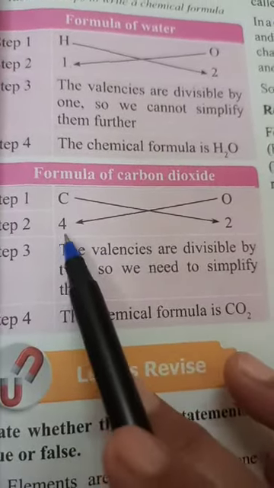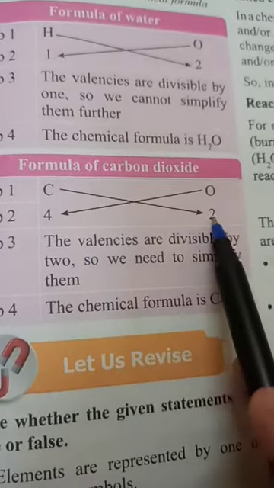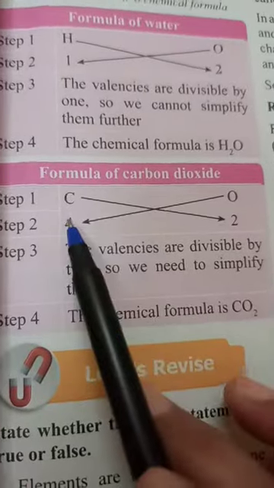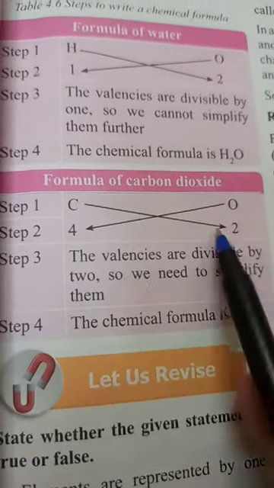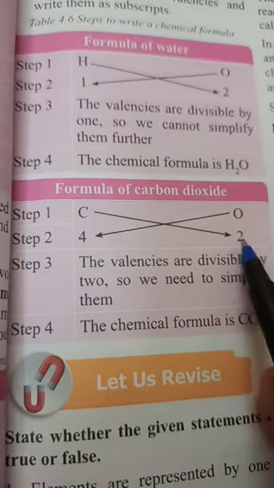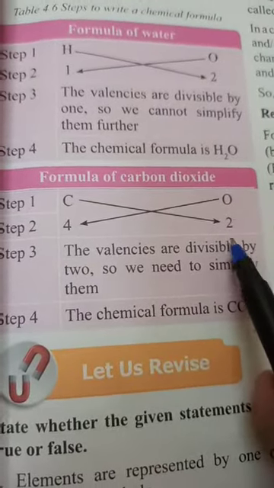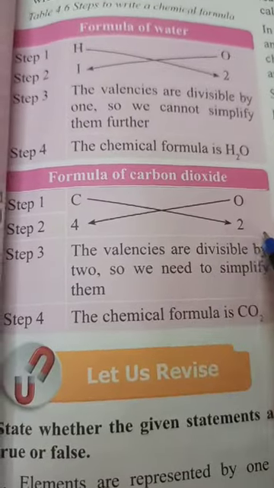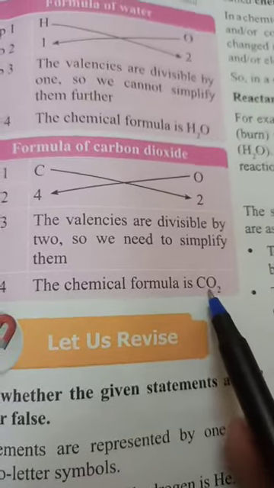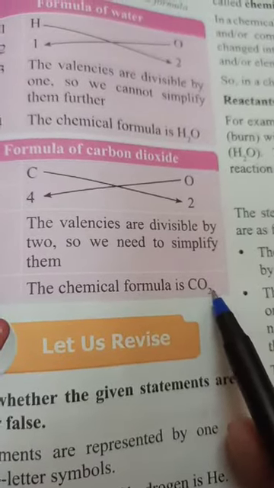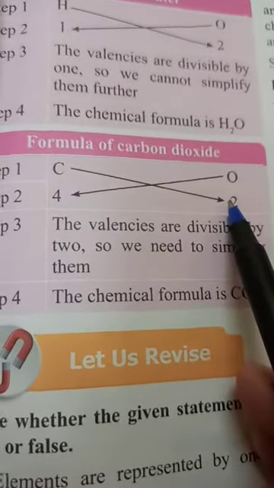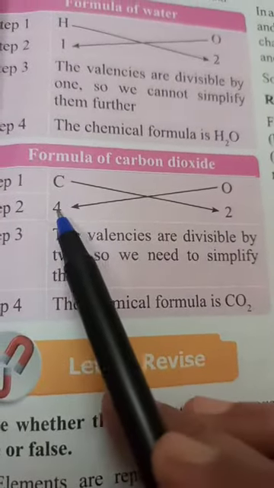They are divisible by 2, so we simplify them again. Then we can write its formula as CO2. How? Because 2 ones are 2 and 2 twos are 4.